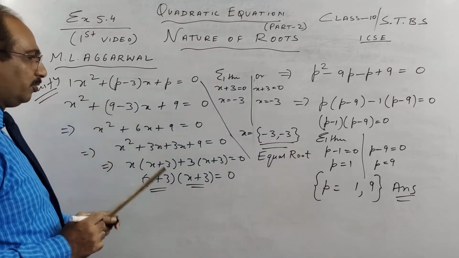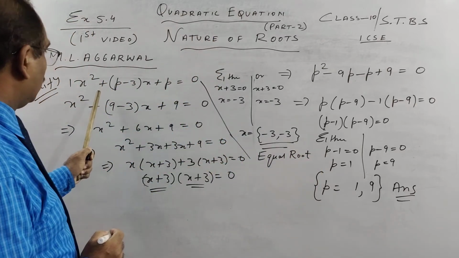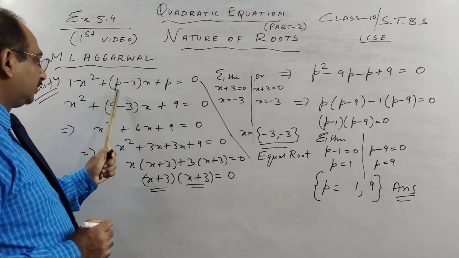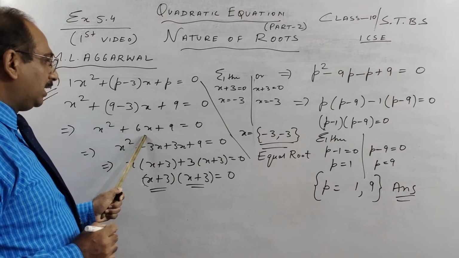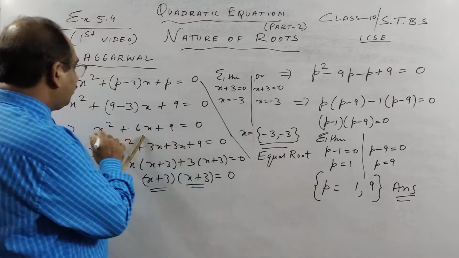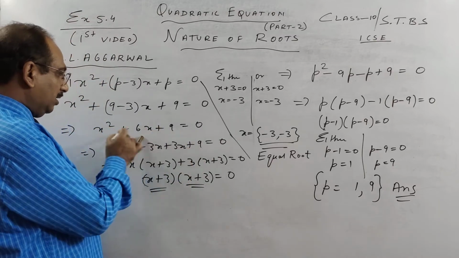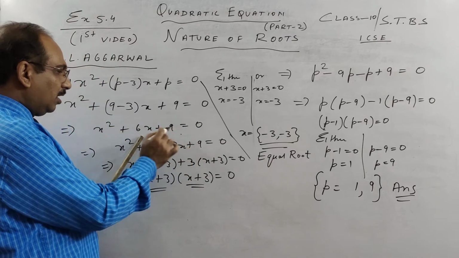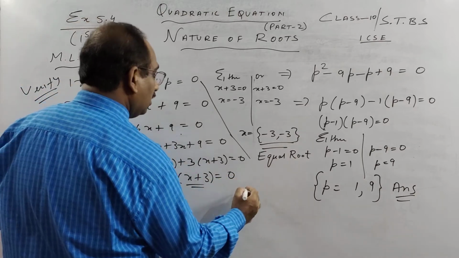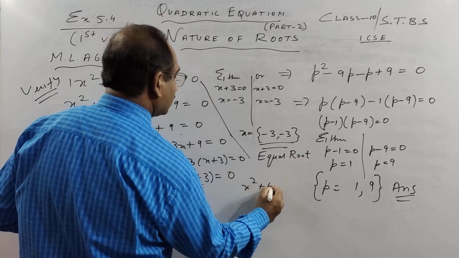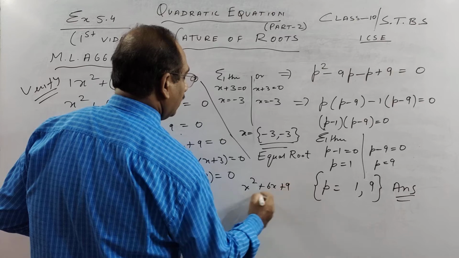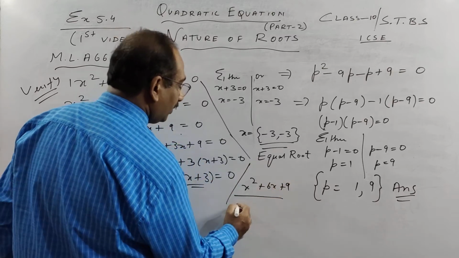Now finally you want to verify whether you are right or wrong. So in this equation you put minus 3. So next verification, you see whether my minus 3 will satisfy this and give you a 0 or not. So see here, x square plus 6x plus 9, left hand side you take.